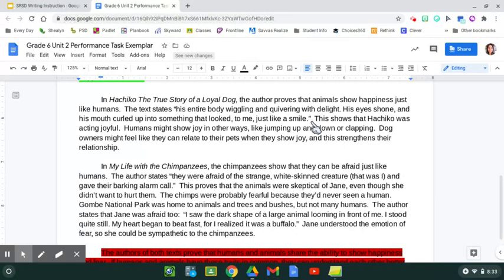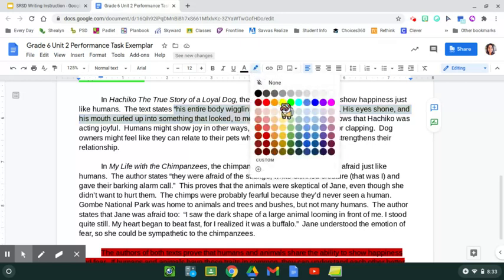Okay, I'm going to stop right here because I see a quotation mark here and a quotation mark here. So this is my quote, and I can tell because the sentence starter says the text states. So I know this is coming right from the text. And because it's in quotation marks, that means it's a direct quote. So I'm going to go ahead and highlight that yellow.